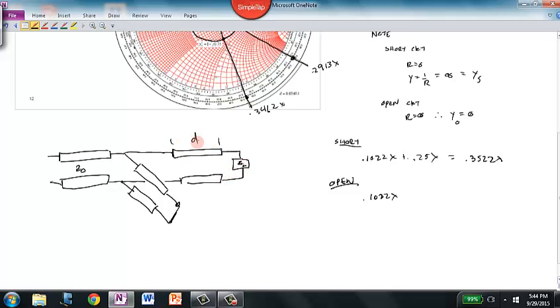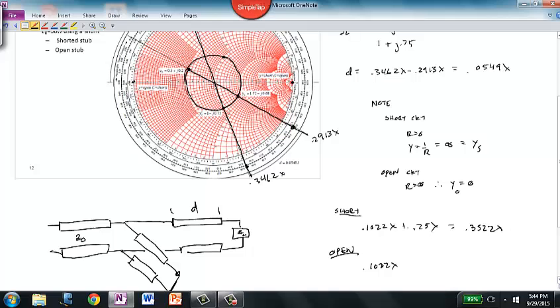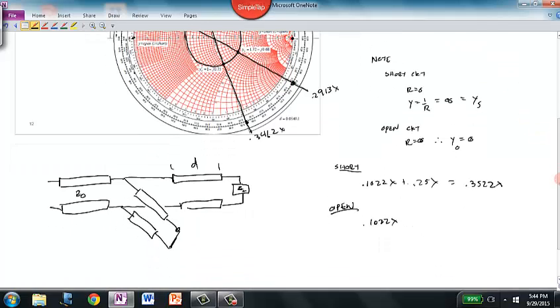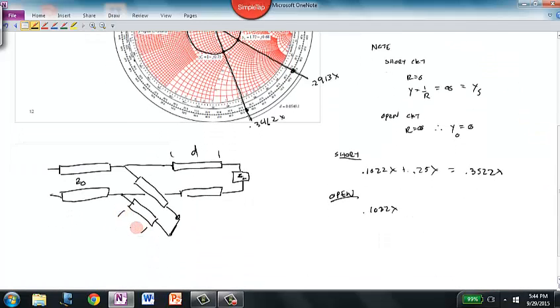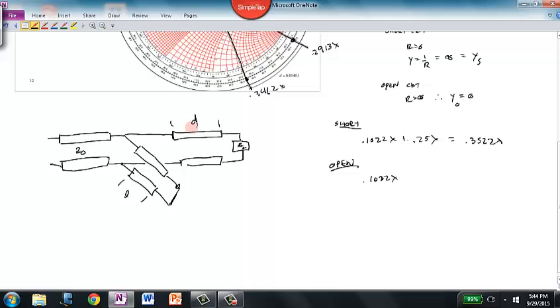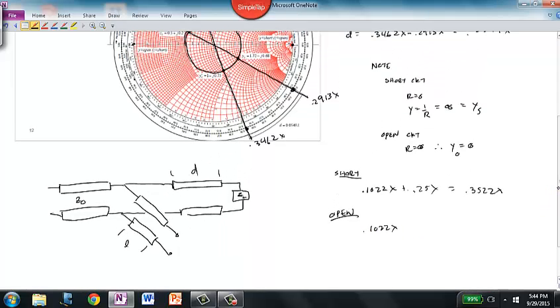This here is D, which we calculated as 0.0549 lambda. And this here is L, which for the short circuit we calculated as 0.3522 lambda. D stays the same whether we use an open circuit or a short circuit, so I can change this circuit to an open just by erasing that, and all I have to change is the length of this piece of coax here to 0.1022 lambda. That will achieve my matching network for me using shunt stubs, either open or shorted.